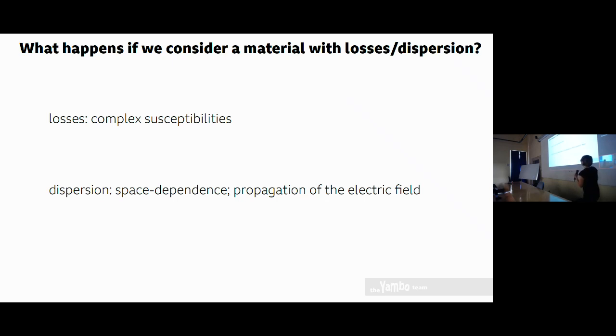If we introduce dispersion, I will not touch on this, but then for the propagation we have to take into account the space dependence of the susceptibilities, and we may also look at the propagation of the field in the medium. There are several phenomena that I'm not looking at, and I will not look into. You can look, for example, in Boyd or another nonlinear textbook, where this point is discussed.